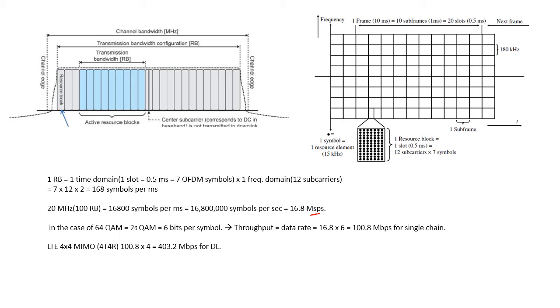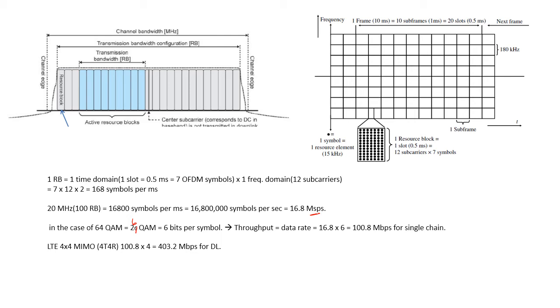In our example, 64 QAM is 2 to the power of 6, so we have 6 bits per symbol. Then the throughput becomes 16.8 times 6, which makes 100.8 megabits per second. So now we have the bits per second for any single chain.